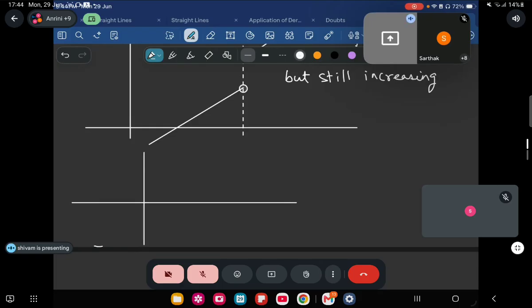This function, y equal to x to the power 1 by 3, is not differentiable at x equal to 0, but still increasing.